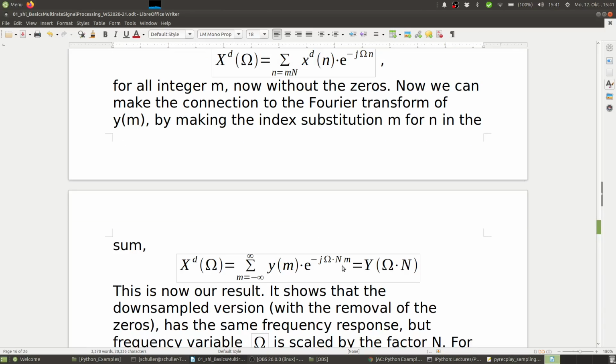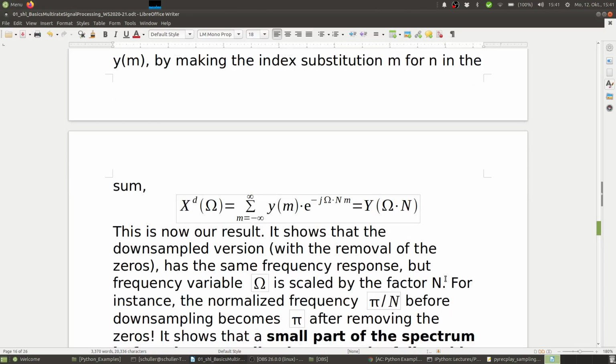Then you can see, because of this index substitution, we get this factor capital N in here, right? And when you look at this expression, this is just the Fourier transform of y, the downsampled version, but with a scaled frequency axis omega. Instead of omega, we have omega times capital N. So that's the result.